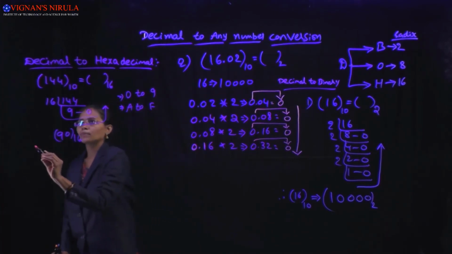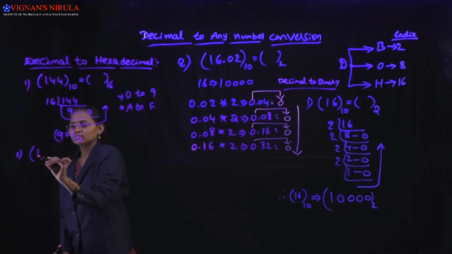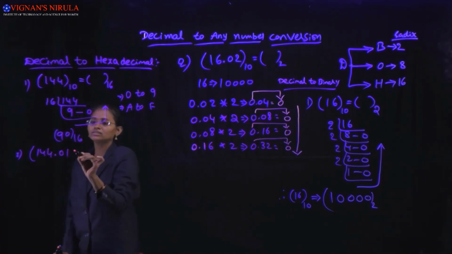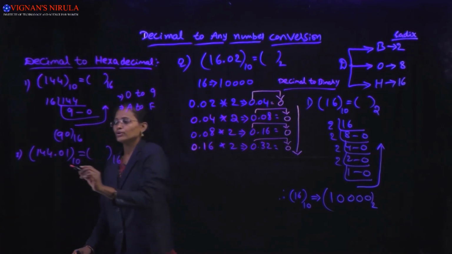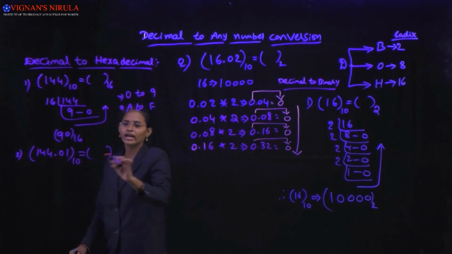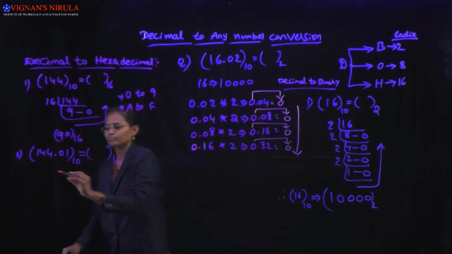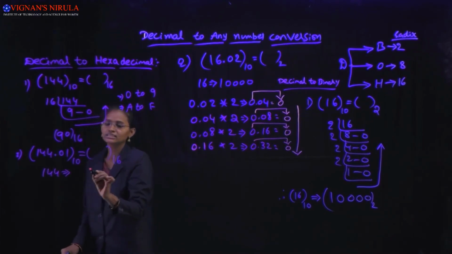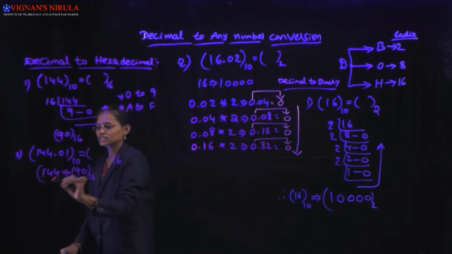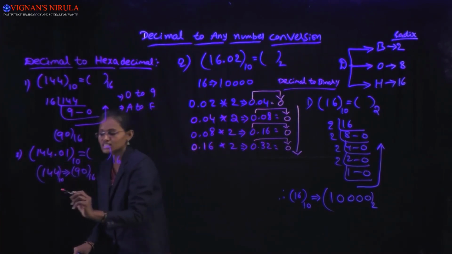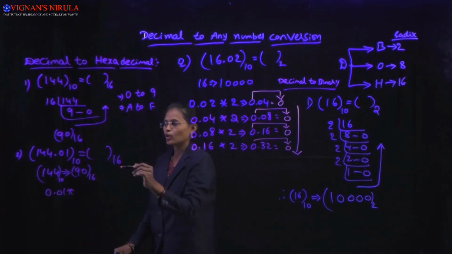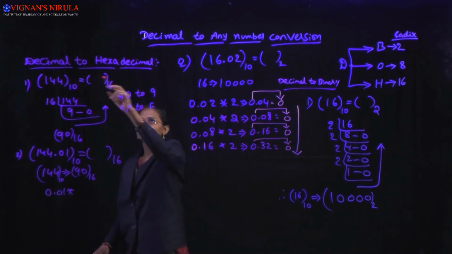Okay, and the next problem is 144.01. This is the decimal number, then convert to hexa. You already got 144, the hexa number is 90. Now you find the fractional part, 0.01, and multiply with 16 because the conversion is decimal to hexadecimal.